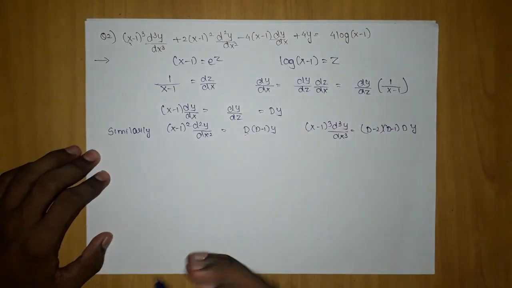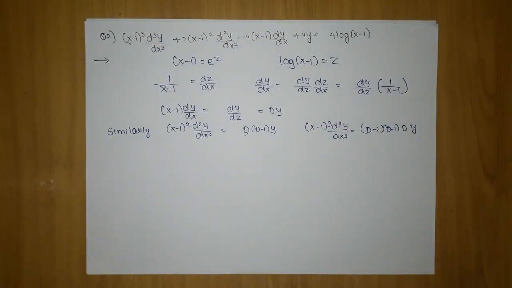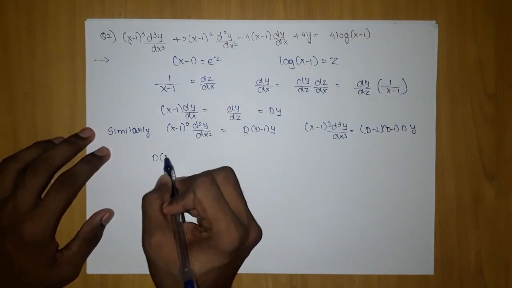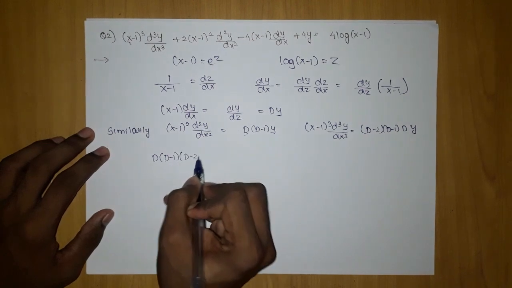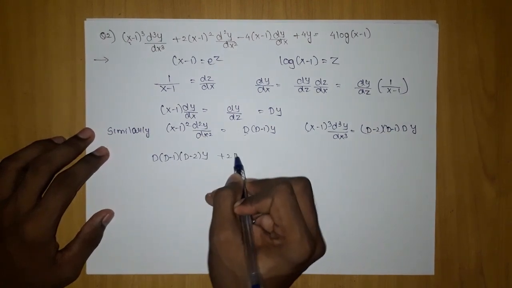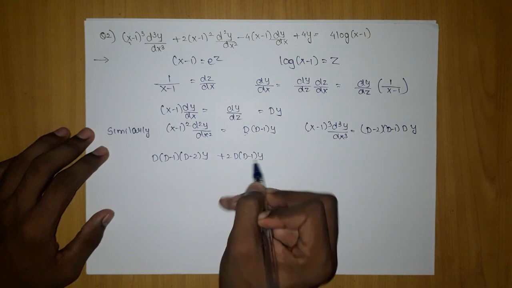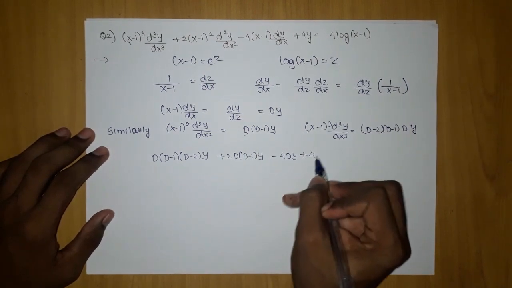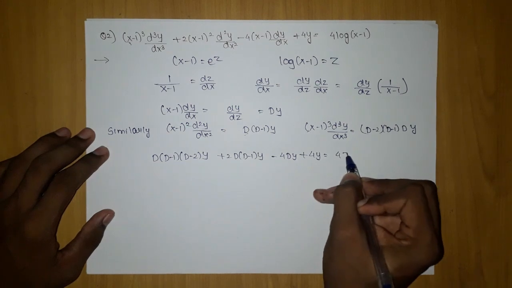So if we substitute, the given differential equation becomes D into D minus 1 into D minus 2 into y, then minus 2 D into D minus 1 into y, and then minus 4D into y plus 4y equal to 4z.